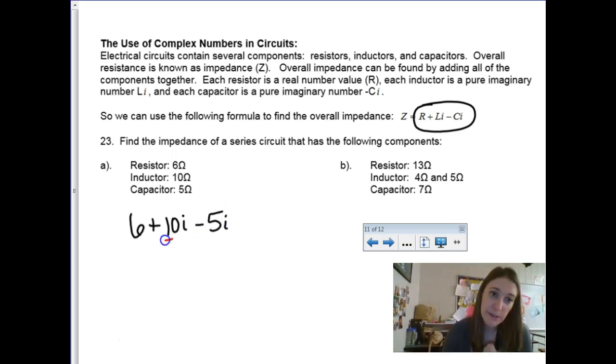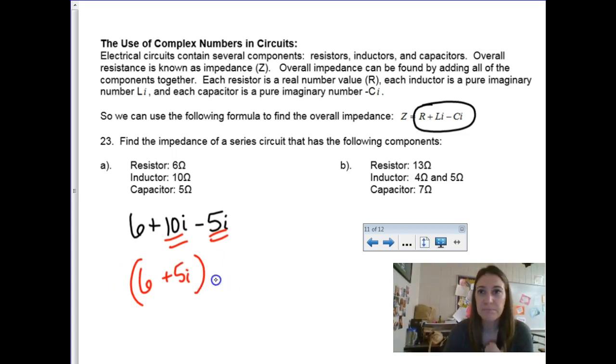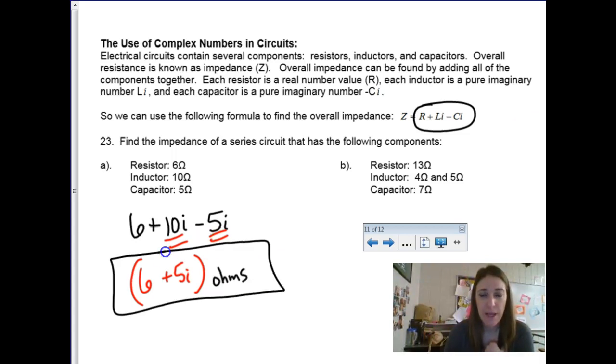So all you need to do for me is simplify your i's. So this becomes 6 plus 5i, and then you can go ahead and, I think we can label it with ohms. Again, not my area of expertise, so I'm not an electrical engineer.